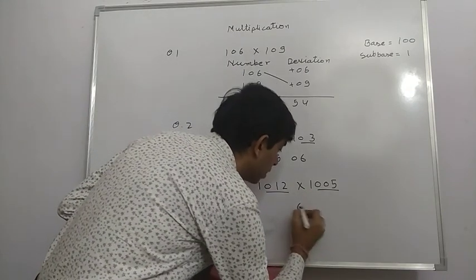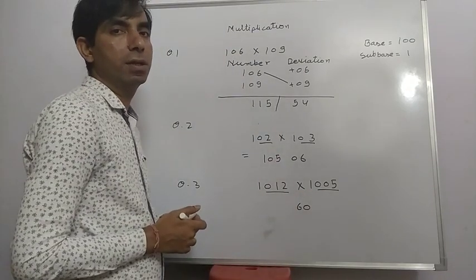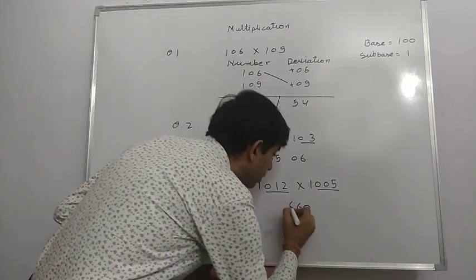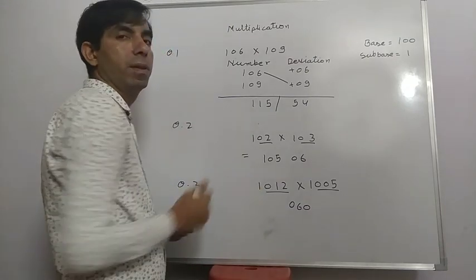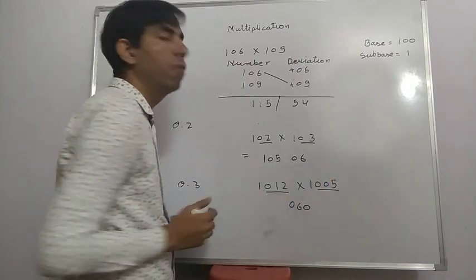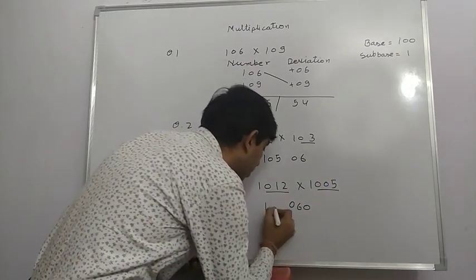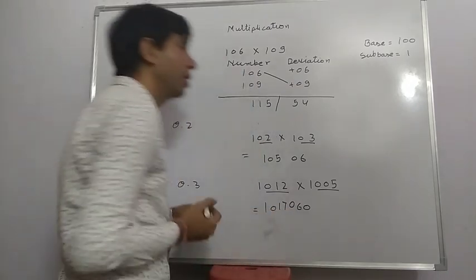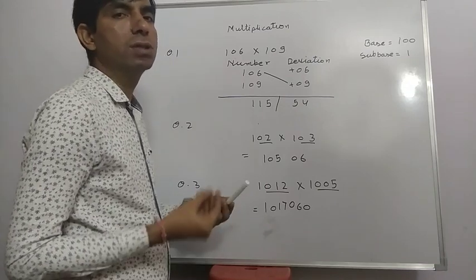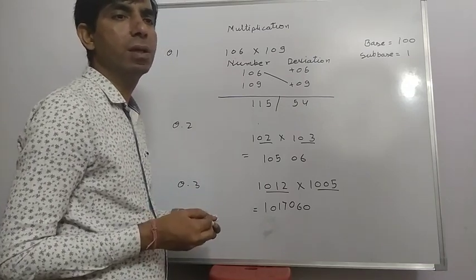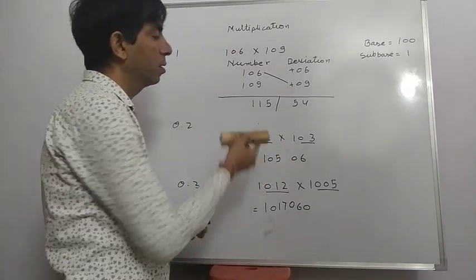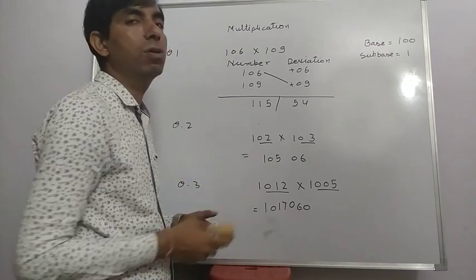Here 12 times 5 is 60, but here we are using 3 digits in each number, so we write the answer in 3 digits. Write the 0, and add the other number's deviation: 1012 plus 5 gives 1017, so our answer is 1017060. Here there is no rule that the sum of deviations equals the base value or that the simple number must be the same. Here both are 1002 and 3; they are the same here, but it is not compulsory.